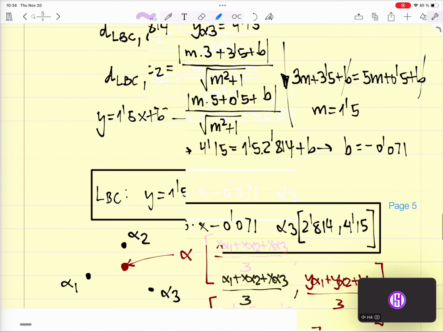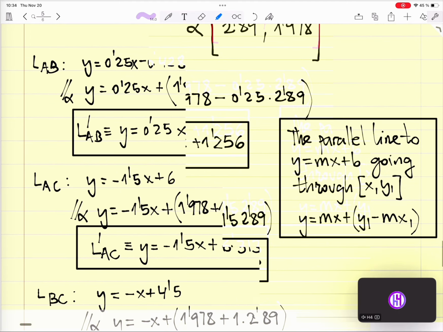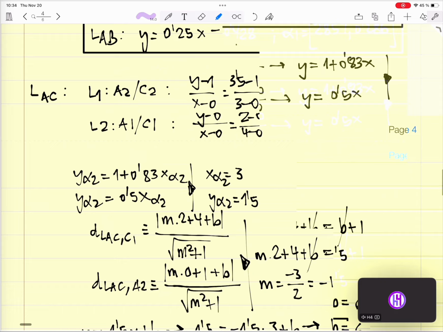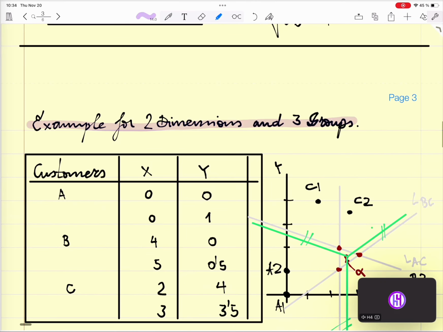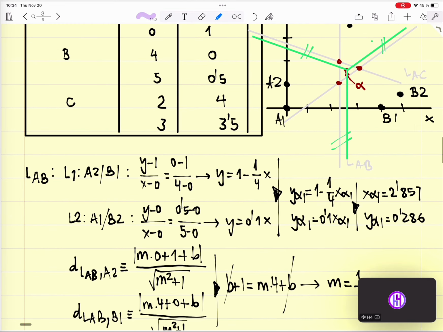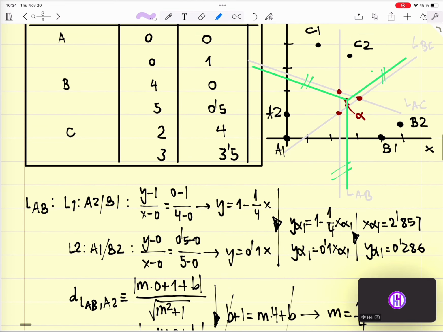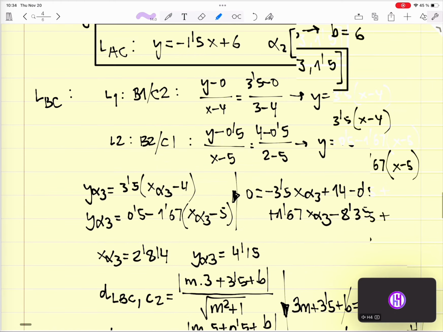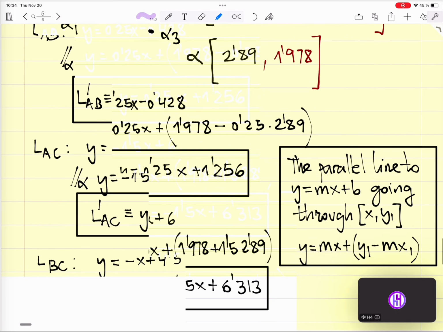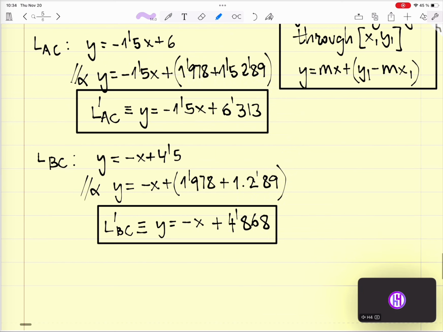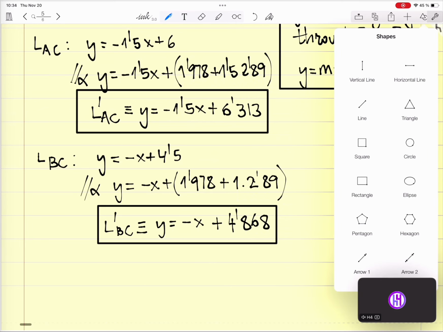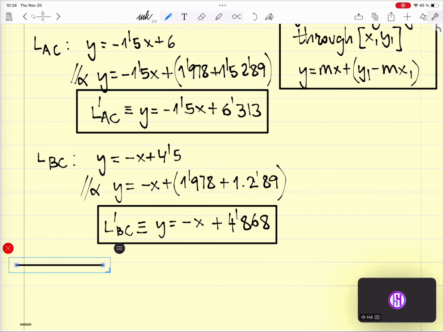And this could be asked again in the exam. I could just say, here are some points, so make sure you cluster them. Once you cluster them in 3 groups, then give me the support vector machines lines for our clusters. Okay, so you would need to perform the clustering and then the support vector machine.